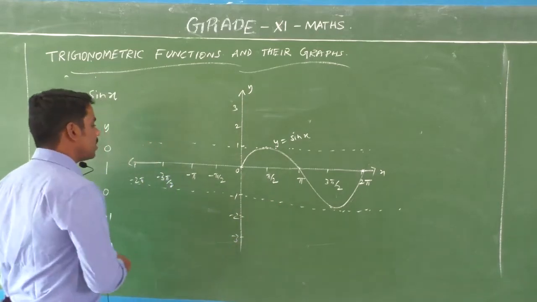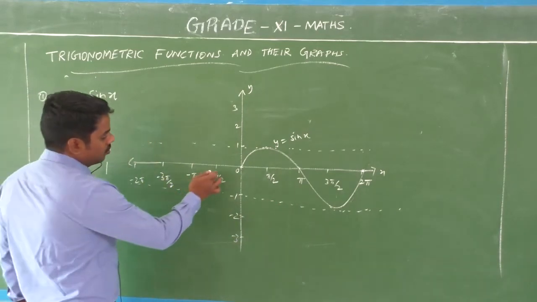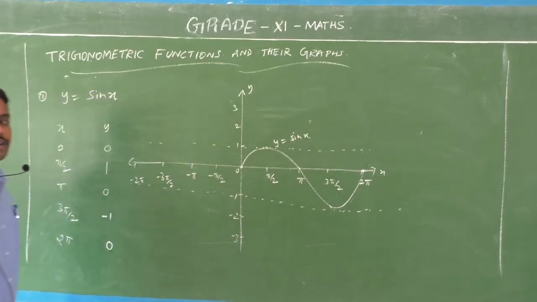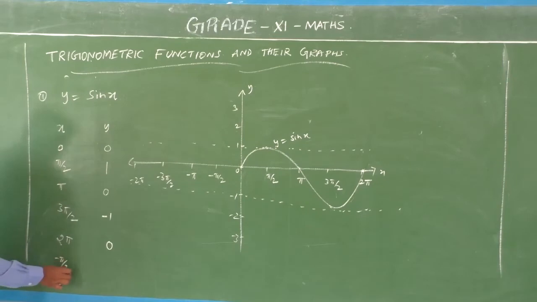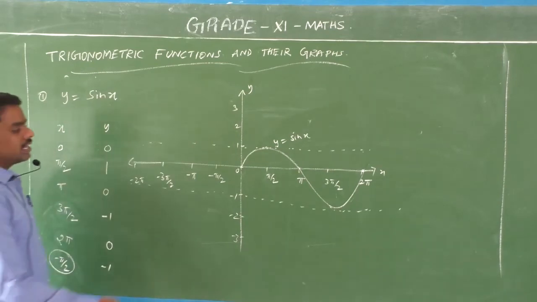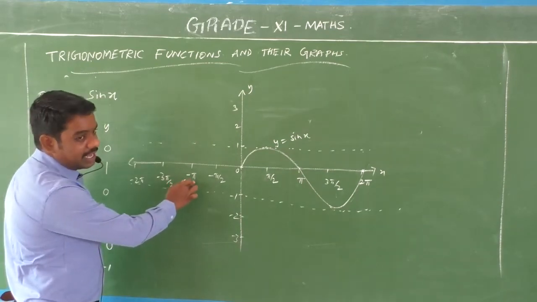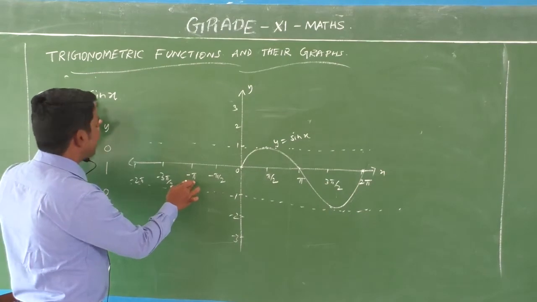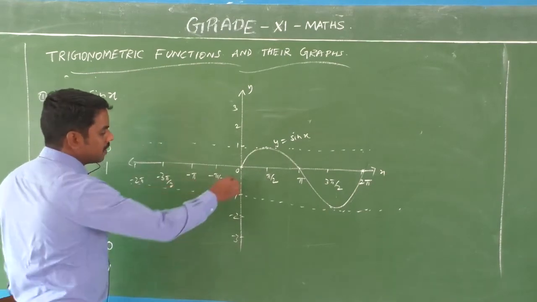Next, let us take x equal to minus pi by 2. Then y is equal to minus 1. Similarly, x equal to minus pi, then y is sin of minus pi, which is 0. Okay, right.